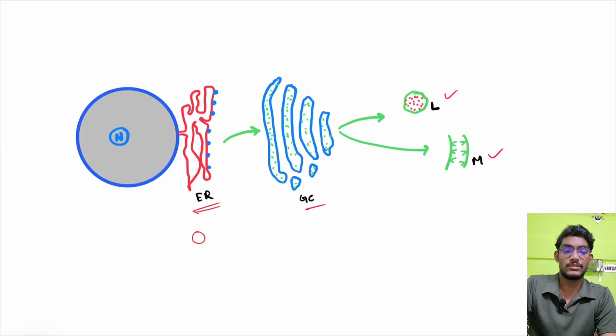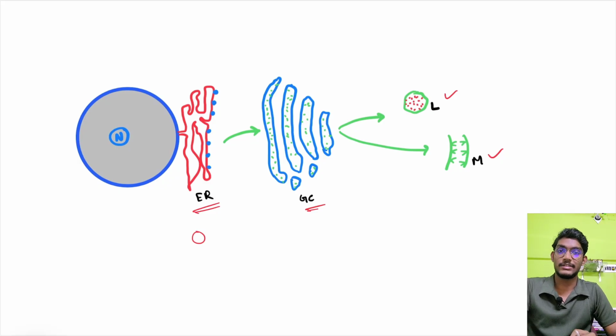I hope you are getting what I want to say. Now, in the Golgi complex, you can focus on the structural aspect, the cisternal maturation model, the vesicular transport model, all those things, how the mannose 6-phosphate residue is attached, how they are directed to the lysosome, and the structure of the lysosome.